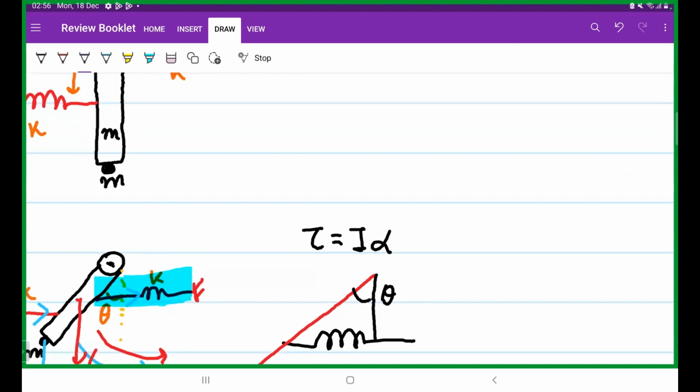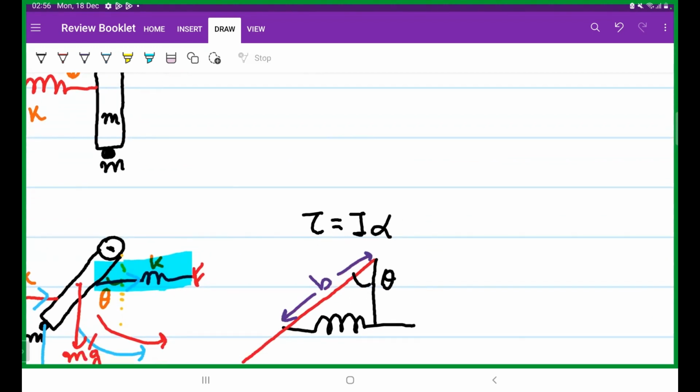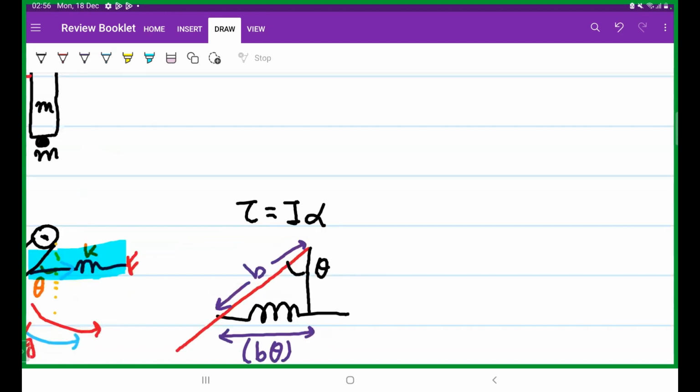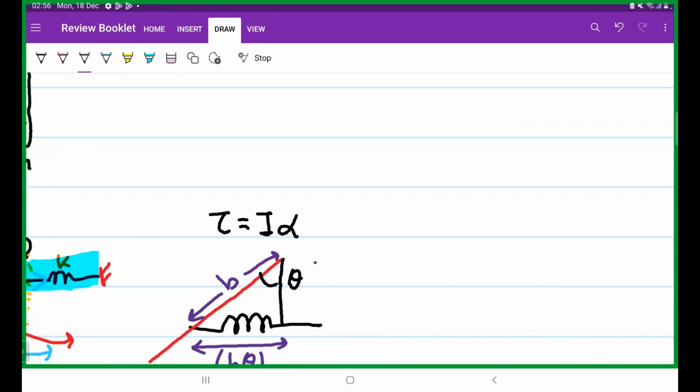This length right here is b, so this length is basically b theta, and this is also the length by which the spring has been stretched. The vertical component of the length is b cos theta.